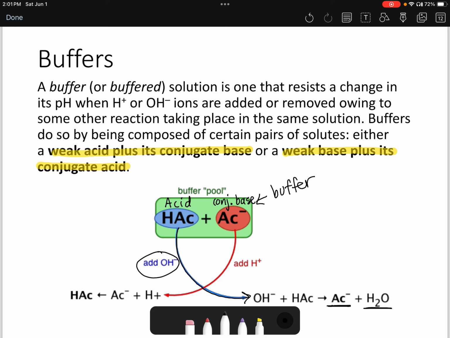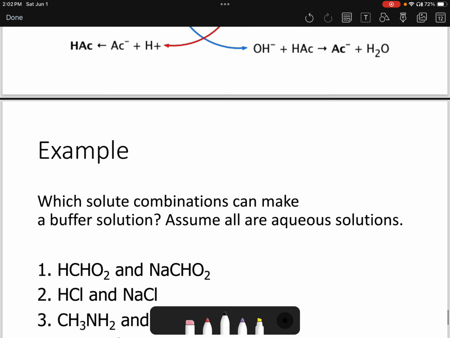Now, if we add more hydrogen ions, so more acid, to the buffer, the acid will interact with the conjugate base and will actually produce more acid. So either way, the reaction is going to shift in order to accommodate the extra acid or extra base that's being added, and therefore the pH can stay somewhat consistent. So it'll probably be within a range of pH values.